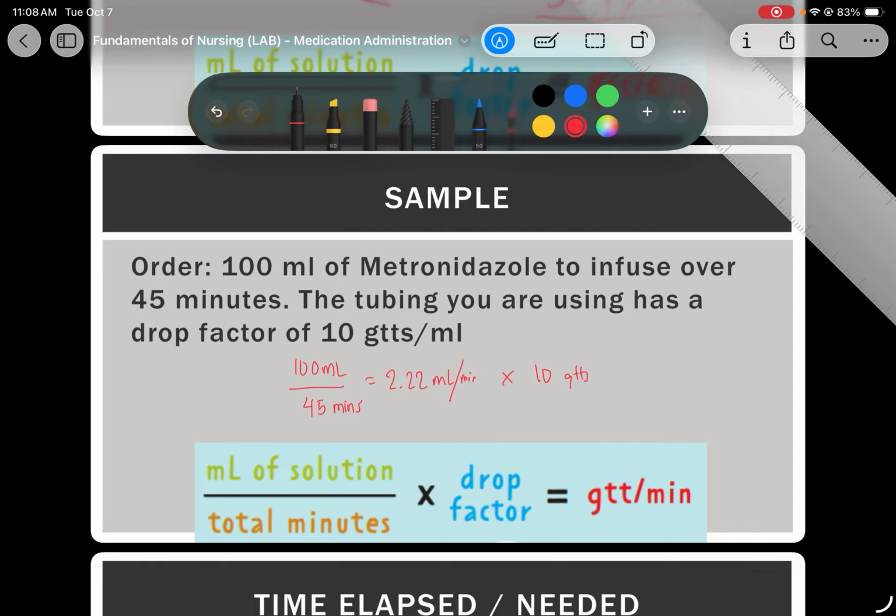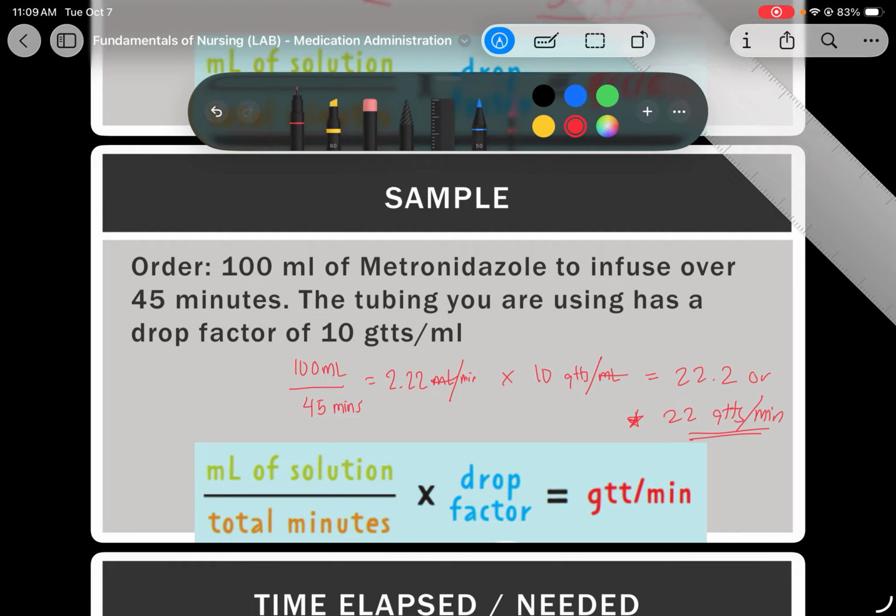Times our drop factor, which is 10 drops per ml. Now let's remove the ml. We are left with drops per minute. So 2.22 times 10 is 22.2 or 22 drops per minute.